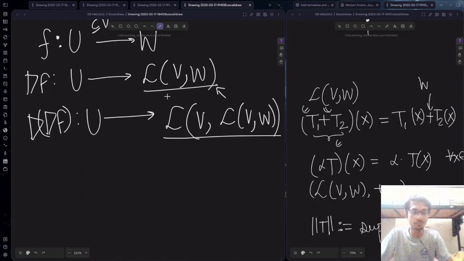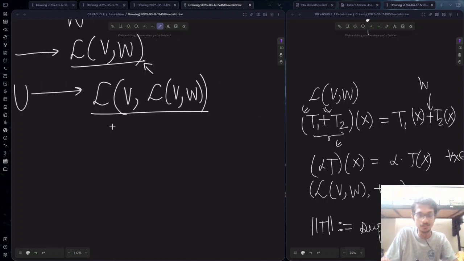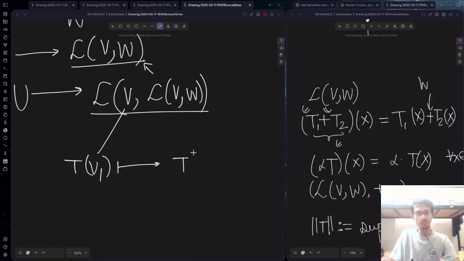So a typical element here will take some v1 from V and map it to some linear transformation T of v1.